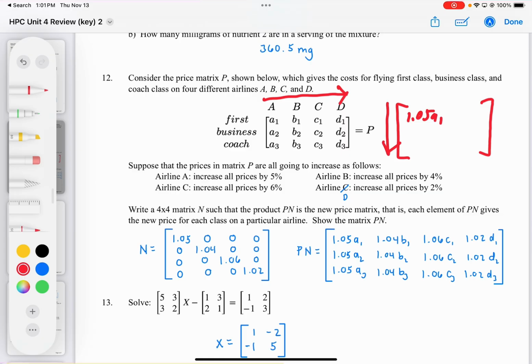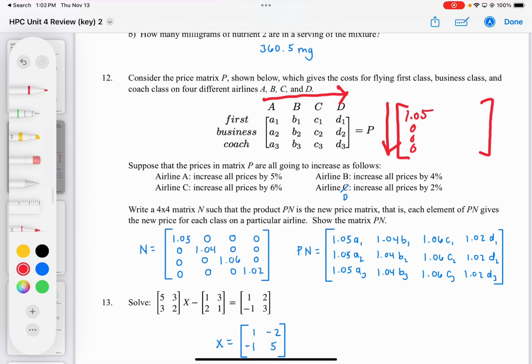But I don't want anything other than A sub 1, so I need to put a 0 in each one of those other values. So if I put a 1.05 there, I'm going to get that for the A sub 1, but then I want zeros all the way down because I don't want any of these other values to get multiplied and then added into that same cell, okay?